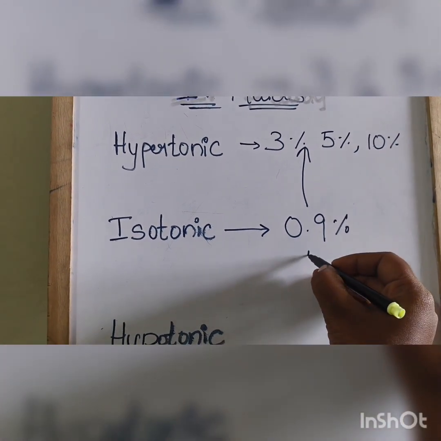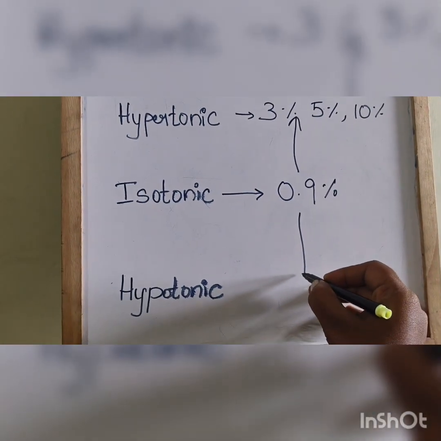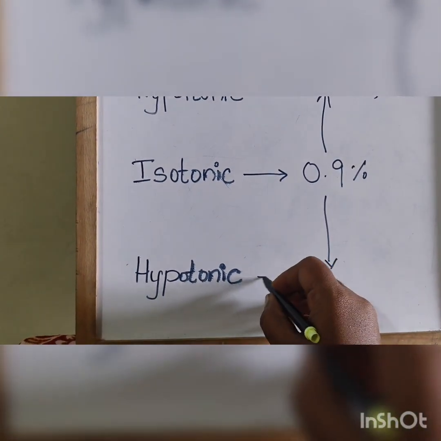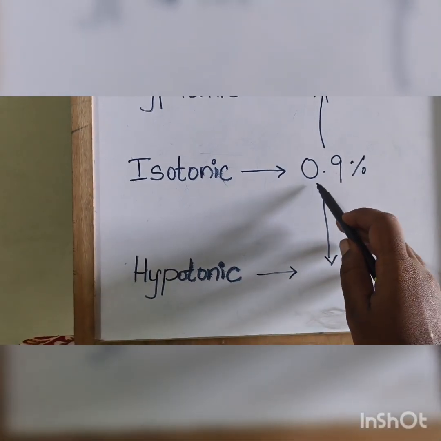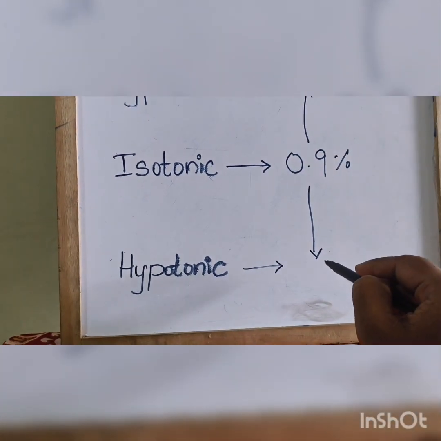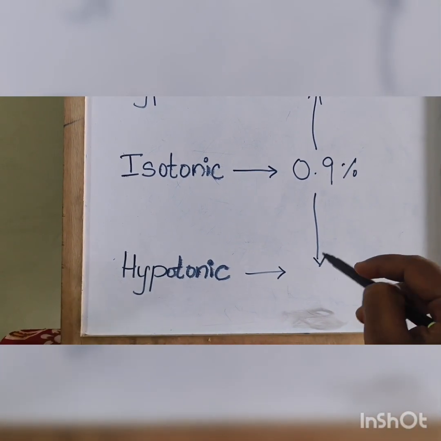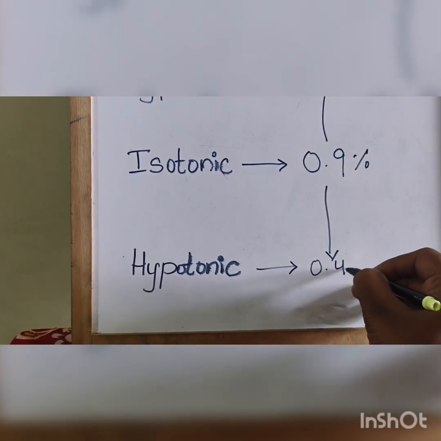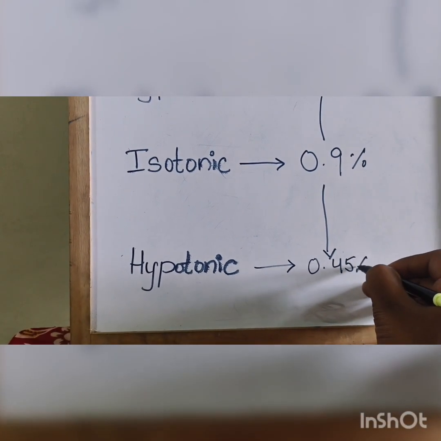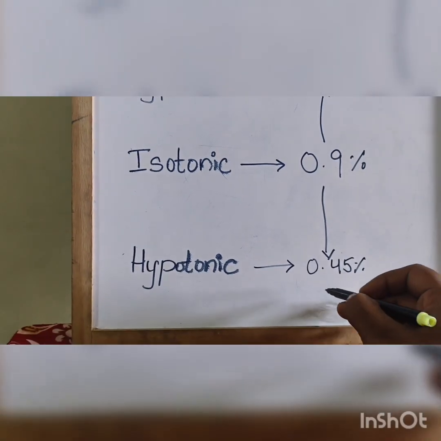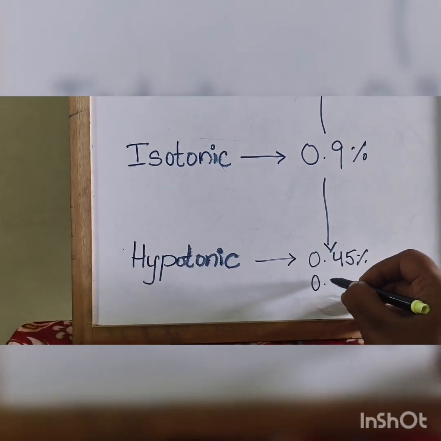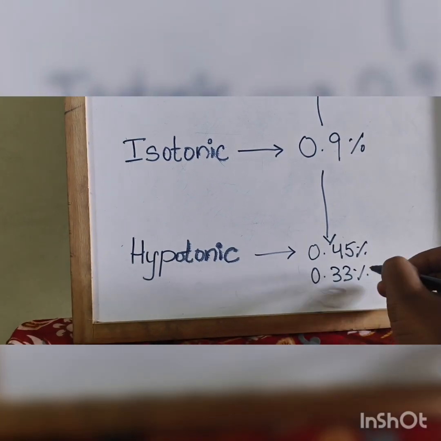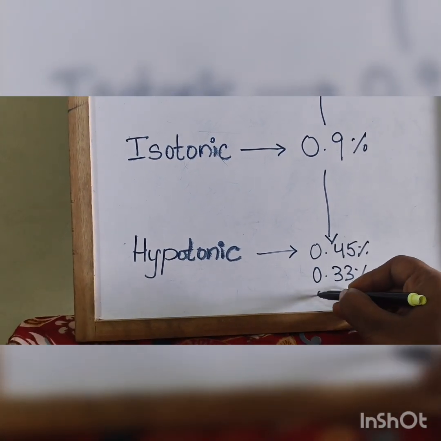Now we will discuss hypotonic. Hypo means low concentration, so below 0.9% comes under hypotonic. Examples are 0.45%, 0.33%, and 0.225%.